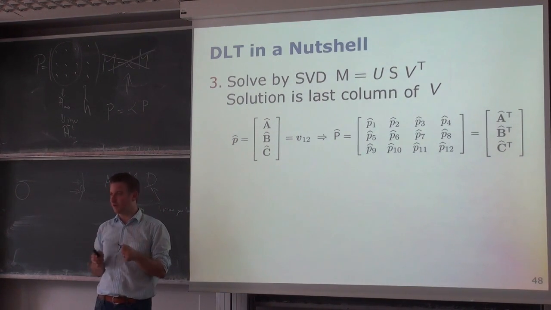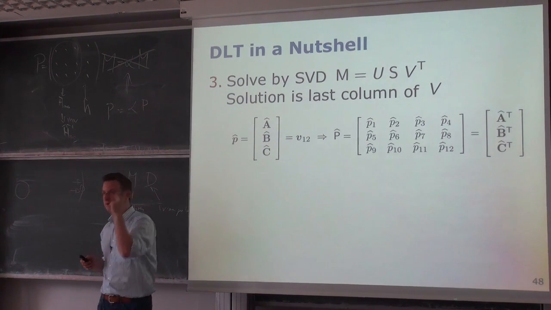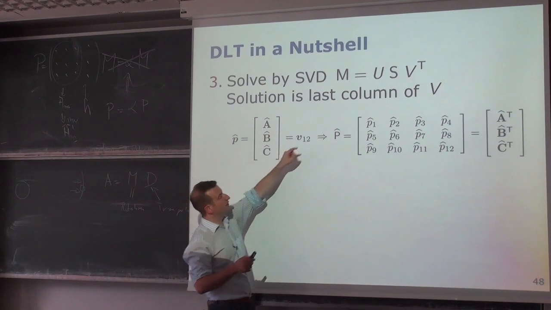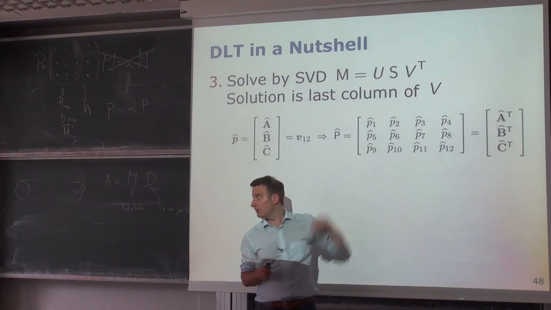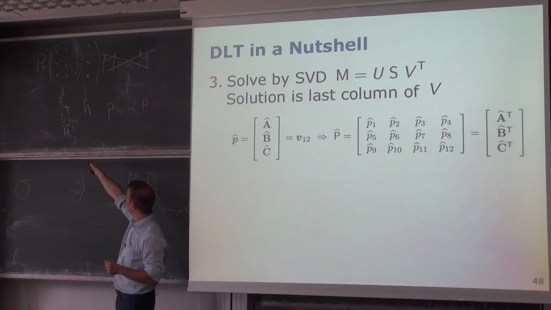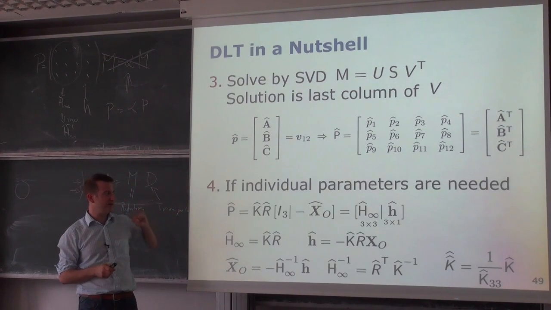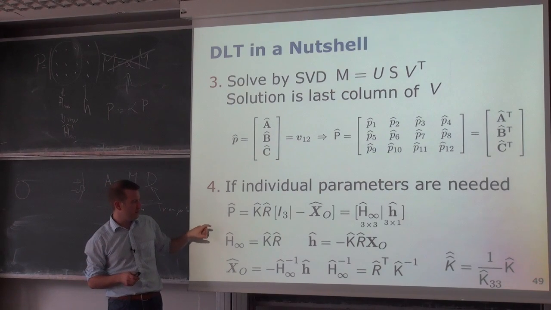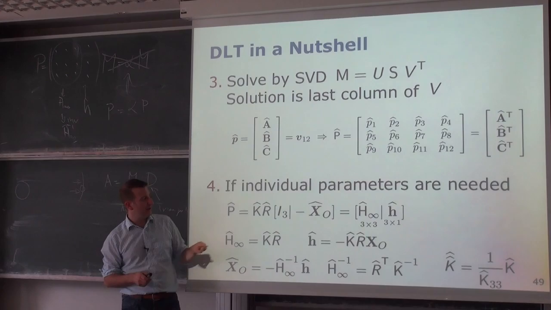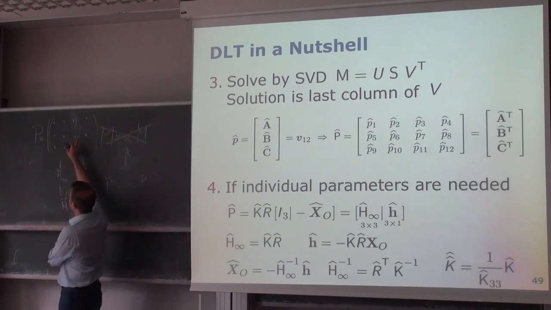If you need more, so if you want to know what is my camera constant, what's my principal point, what is the orientation of the camera, you need to decompose this matrix P using this one first and then the QR decomposition. So if the individual parameters are needed, you need to invert the matrix H infinity, this block over here.